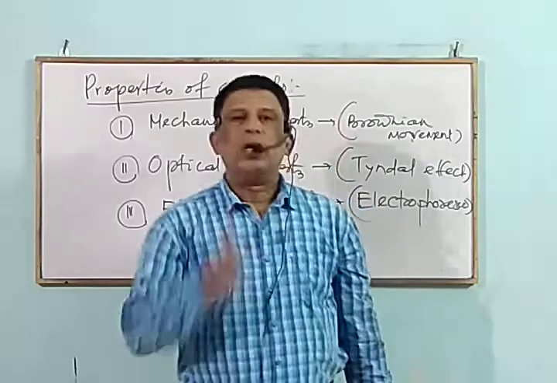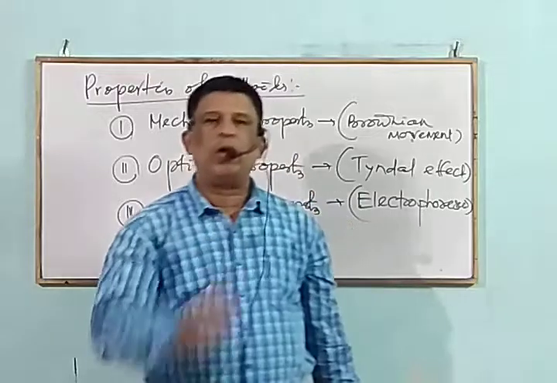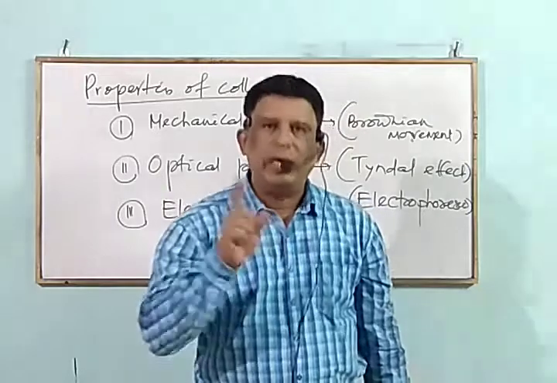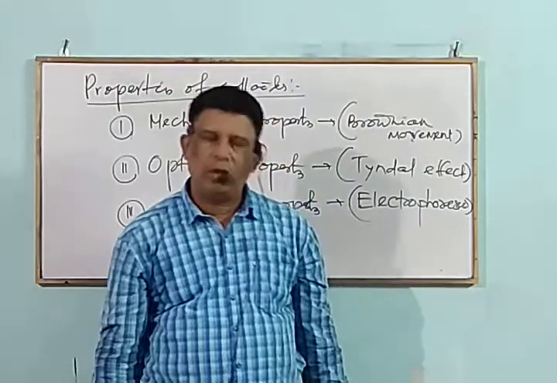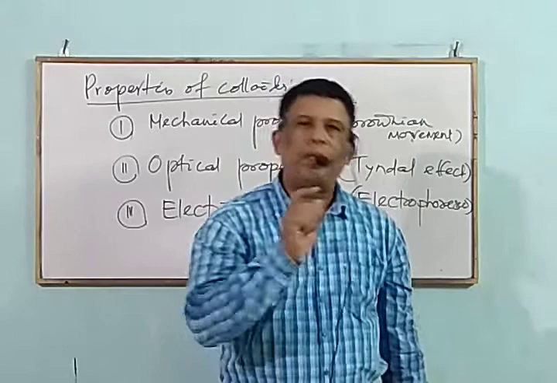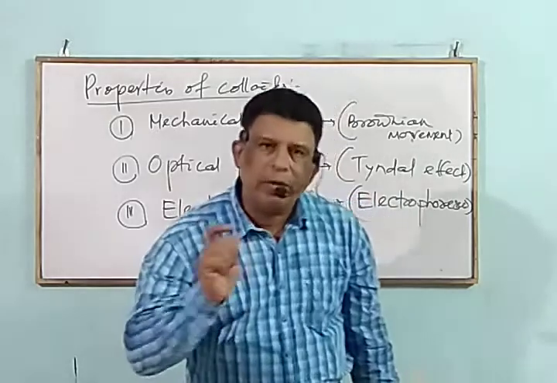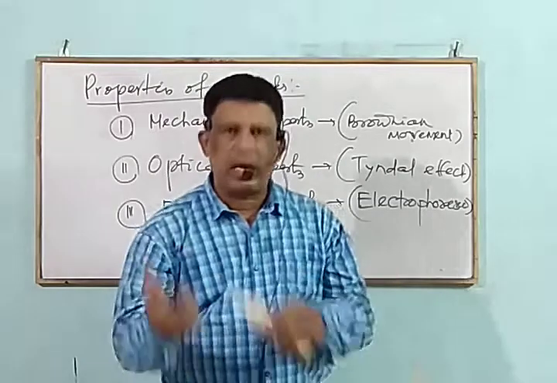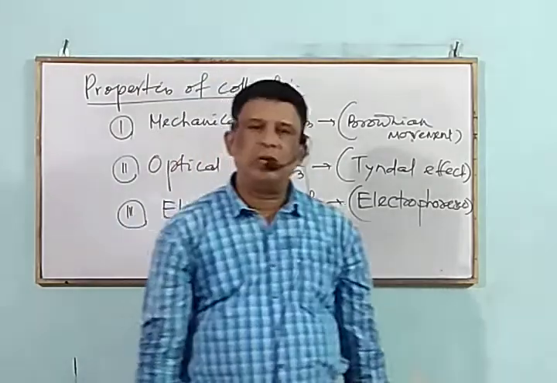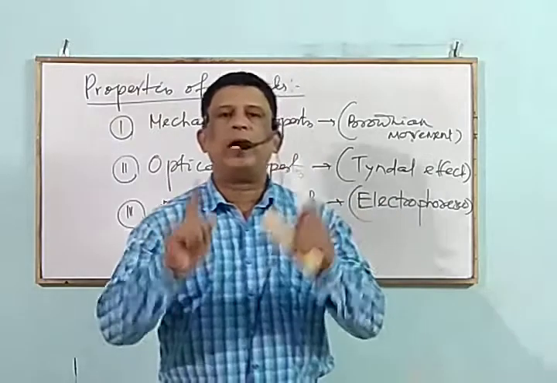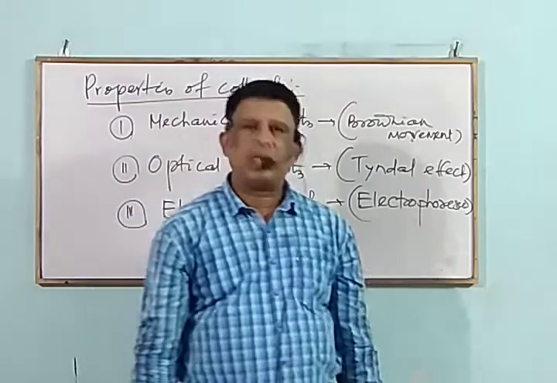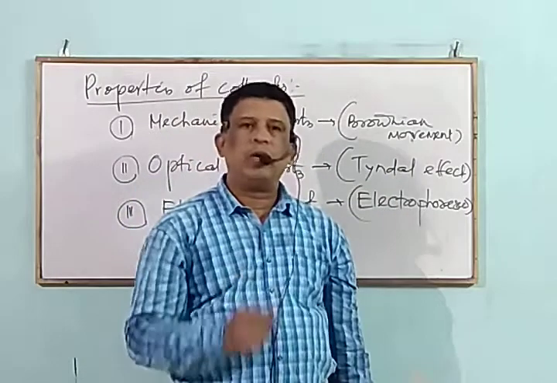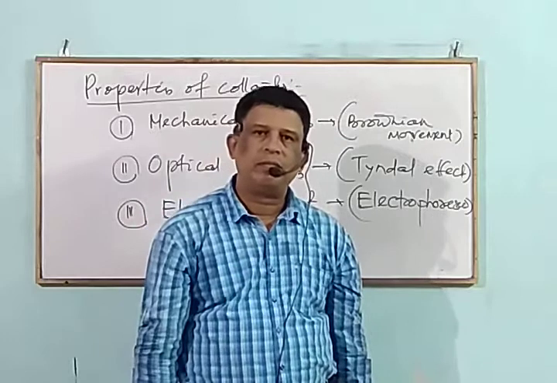This phenomenon does not depend upon the nature of the colloid, but upon the particle size and viscosity of the solution. Smaller the particle size or lower the viscosity, the greater the movement of the colloidal particles. This is due to unequal bombardment of colloidal particles, and as it was first identified by Robert Brown, it is known as Brownian movement.